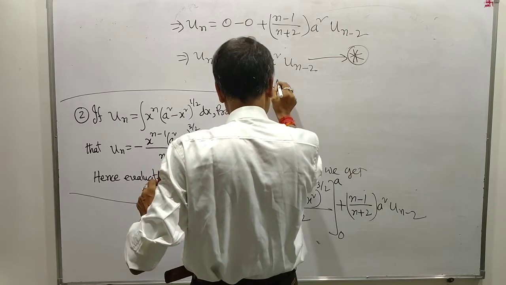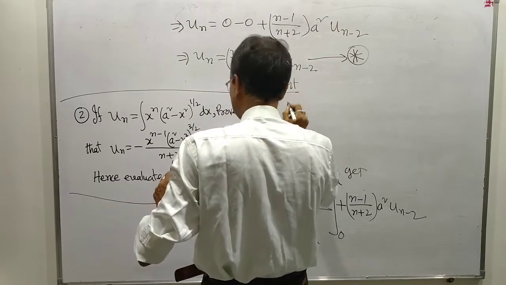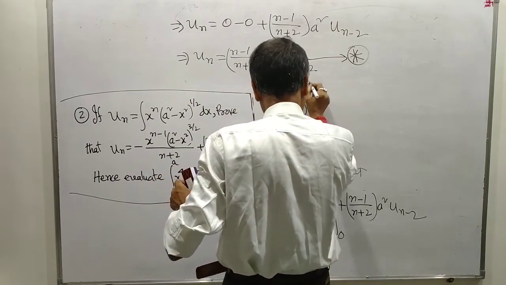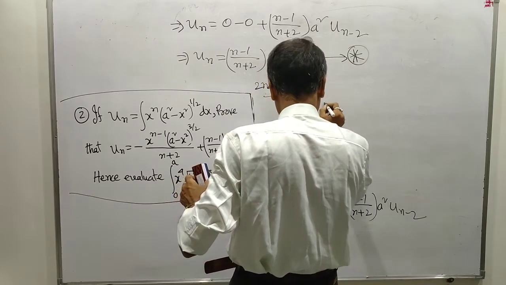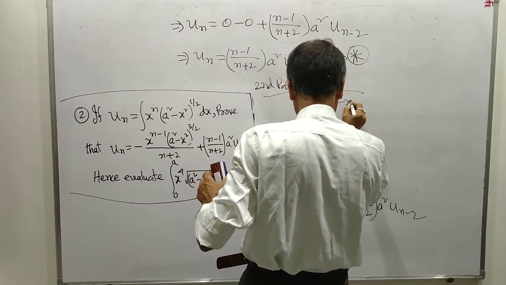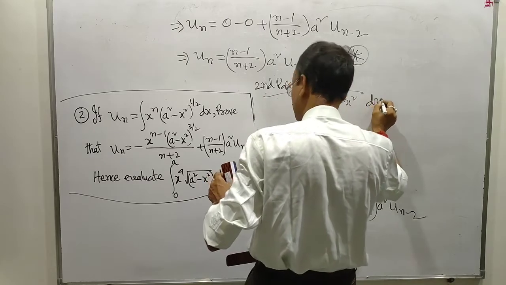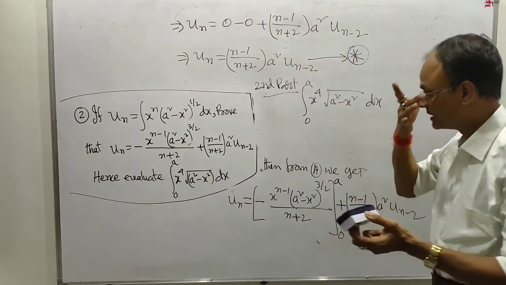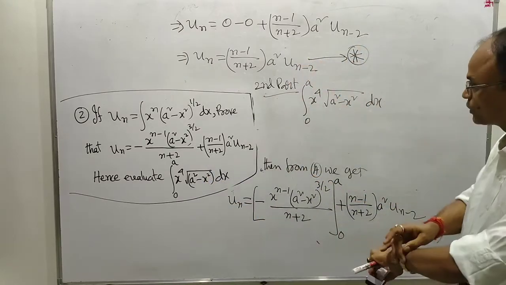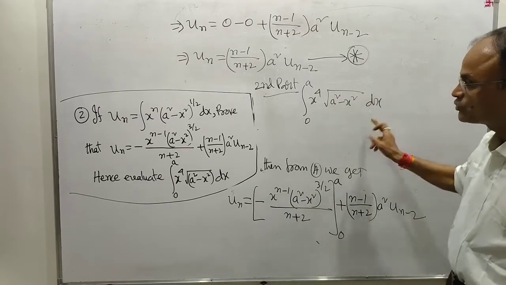Second part: the integral from 0 to a of x to the power 4 times root of a square minus x square dx. What is this? The integral from 0 to a of x to the power 4 times root of a square minus x square dx.